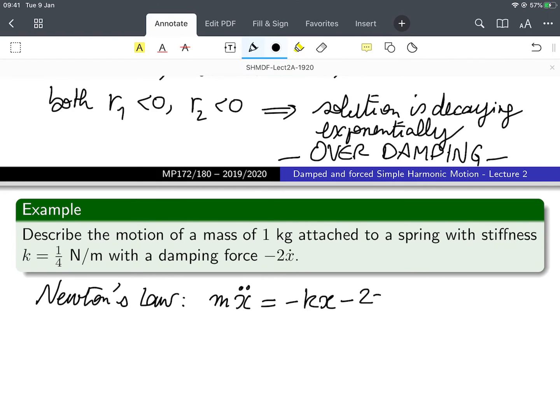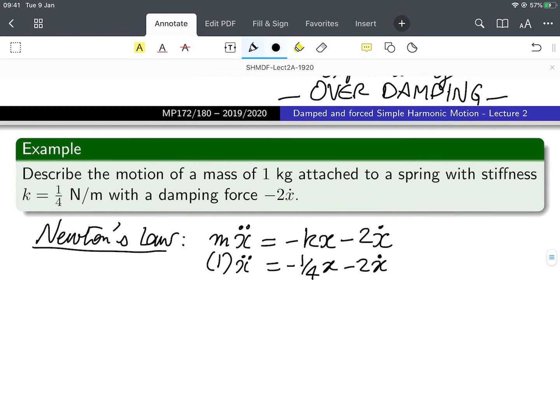In this case, you're told it is minus 2 x dot. So if I enter m is 1 and k is 1/4, I end up with this ordinary differential equation: x double dot plus 2x dot plus 1/4 of x equals 0.